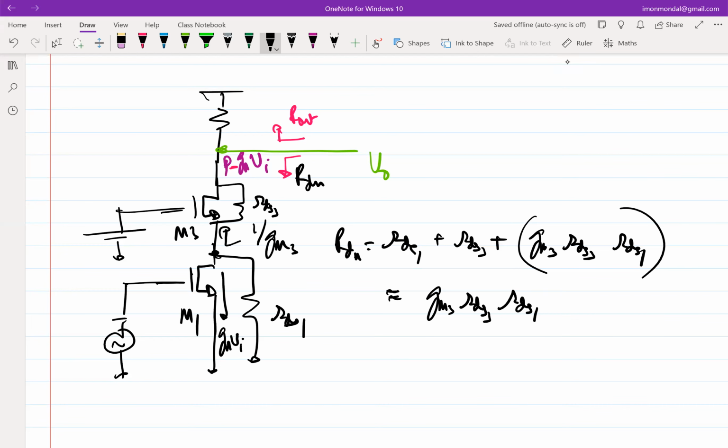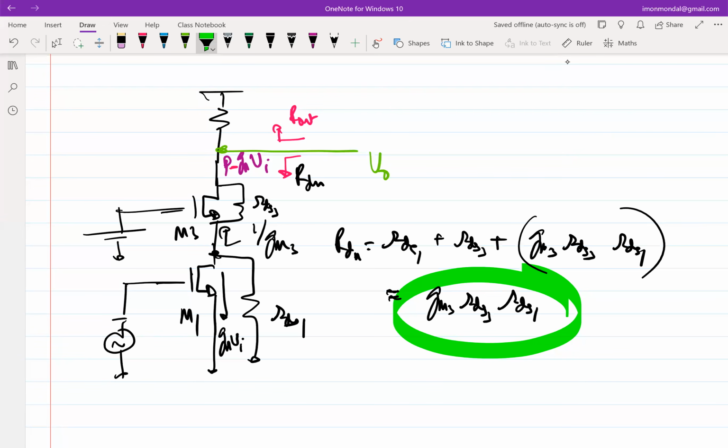So now what is your opinion about this new resistance looking down from V naught? Is it high with respect to the case in which M3 was absent, or is it low, or of similar order? It is high, and it is high by an order of magnitude because the resistance of RDS1 is getting multiplied by the intrinsic gain of M3, right? So you're increasing the output impedance. So this is another way of increasing the intrinsic gain of the structure.